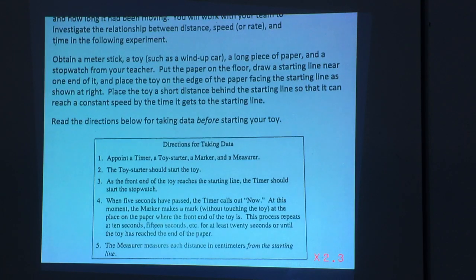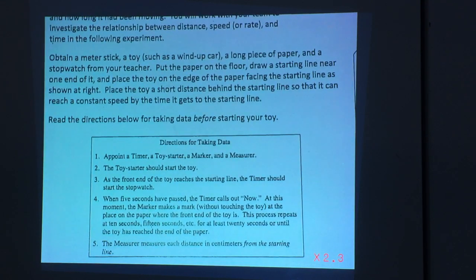At this moment, the marker makes a mark without touching the toy at the place on the paper where the front end of the toy is. This process repeats at 10 seconds, 15 seconds, etc. for at least 20 seconds or until the toy has reached the end of the paper. Number 5, the measurer measures each distance in centimeters from the starting line.